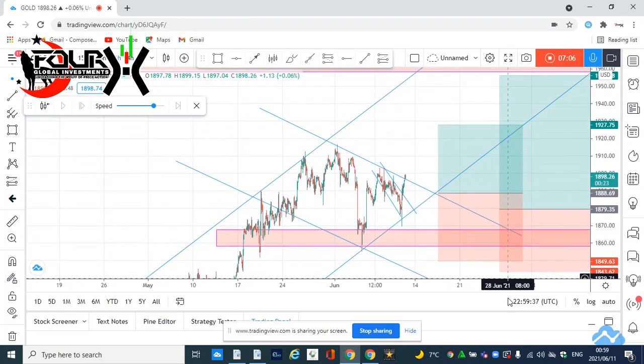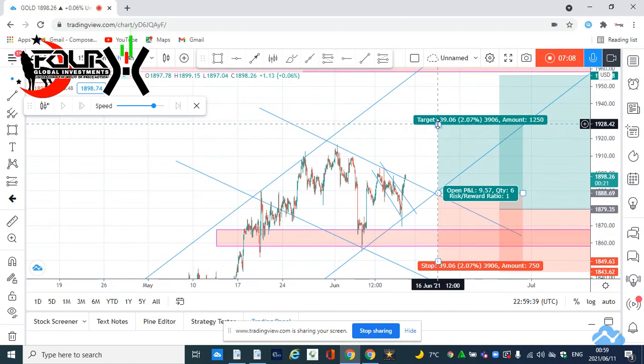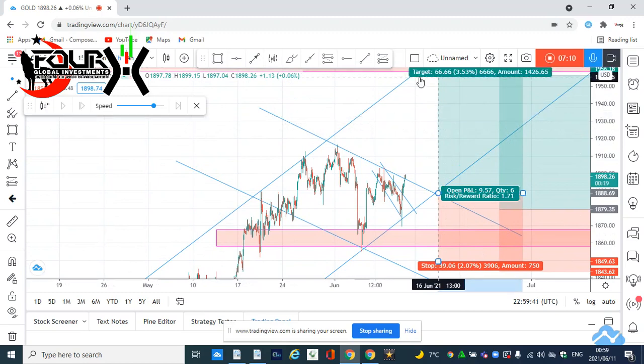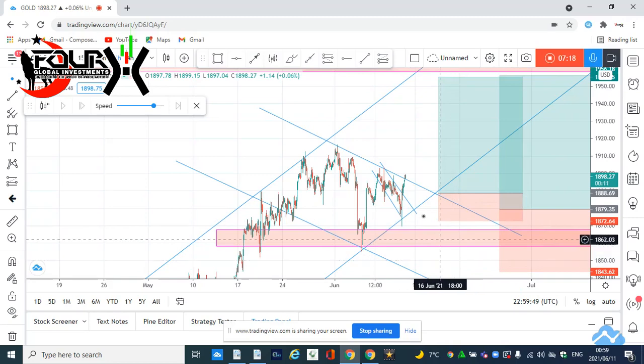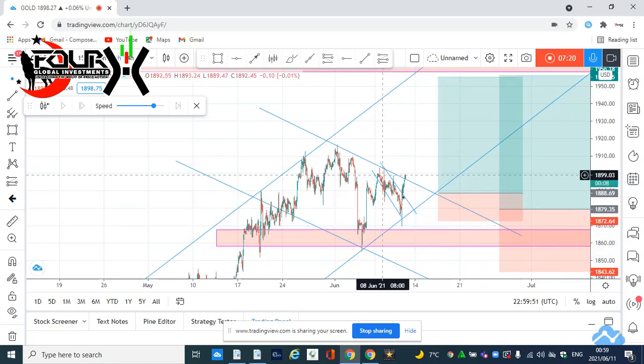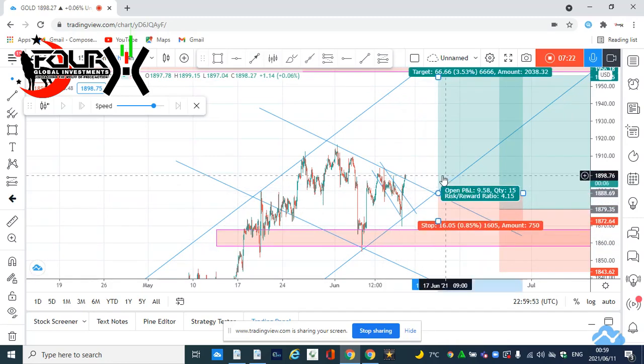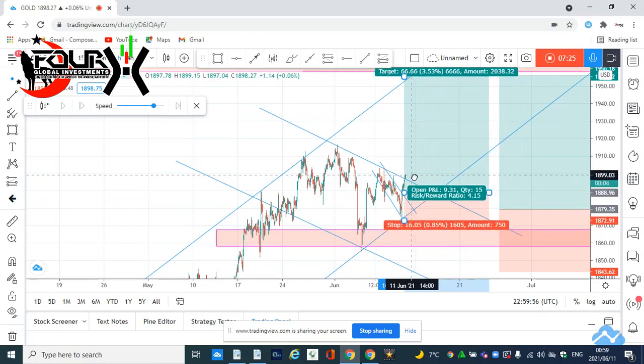We're going to make that entry to this level. And then we put the stop under the structure. What structure are we referring to? We're talking about this structure that has just been broken. So we'll put it somewhere here.